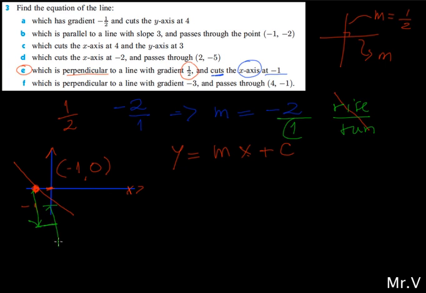So actually this is where my second point should be, and my real line should look like this. At this point the value of x is 0, and the y-intercept is -2. So my y-intercept is -2. My slope is -2. There you go.